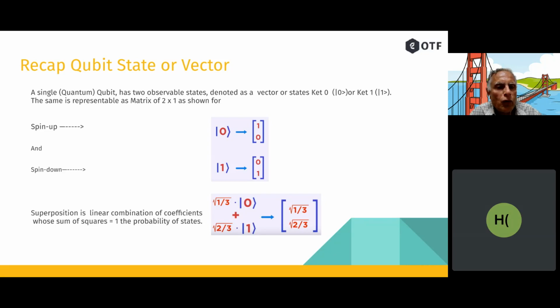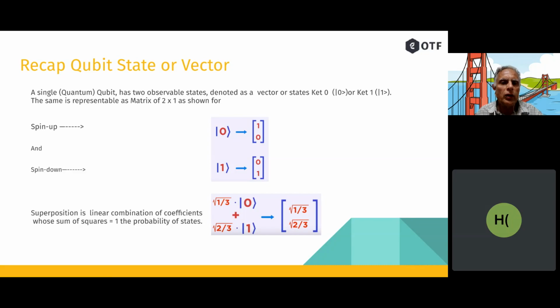So essentially, what we want to say is that a qubit is representative of a physical state. The qubit in itself is logical. However, it represents the physical state of a quantum system, represented either as a state or a vector. State and vector are synonymous, and you can represent them either by bracket notation, where we have pointed out ket 0 and ket 1 here, and also by the columnar matrix, since a ket is always associated with a column matrix: spin up is (1, 0) and spin down is (0, 1).